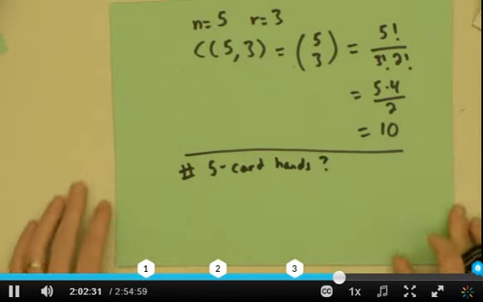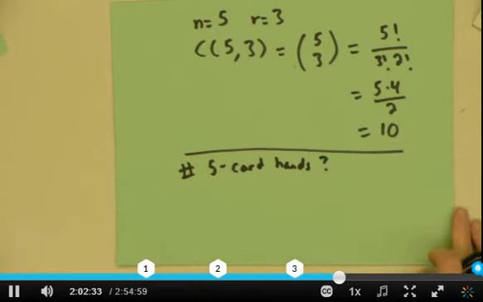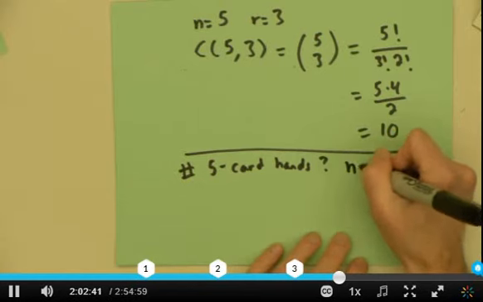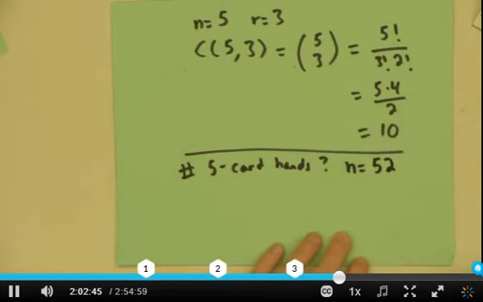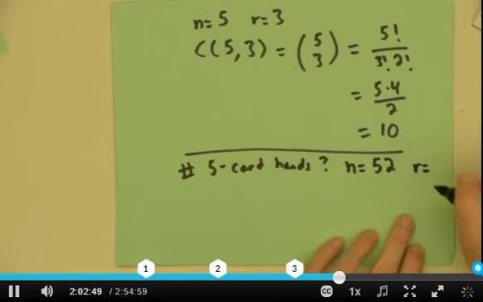Okay. How many cards are there in a standard deck? 52. Right. So I'm drawing from a collection of 52 cards. How many cards am I drawing? 5. All right.